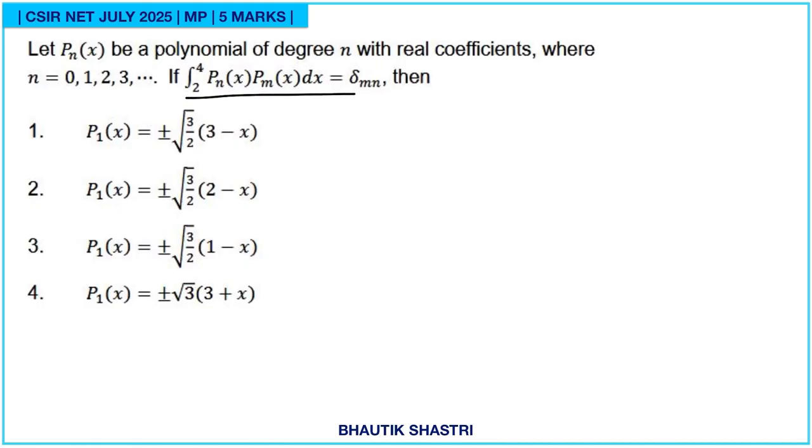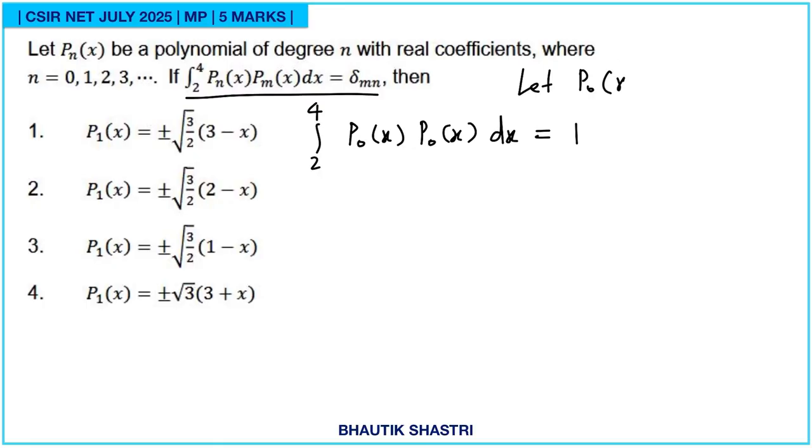This is the definition we have. So this will be the integral from 2 to 4 of P0(x)² dx, and that will be equal to 1. Let's consider it to be a constant because it is a polynomial of degree 0. So it will be a constant.